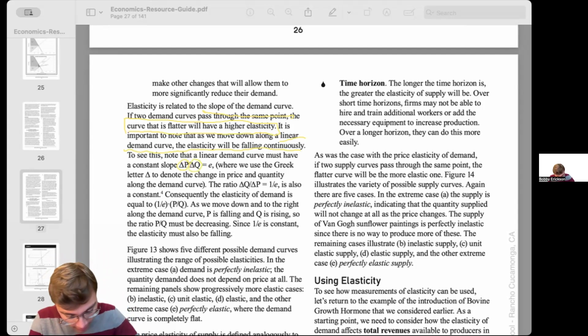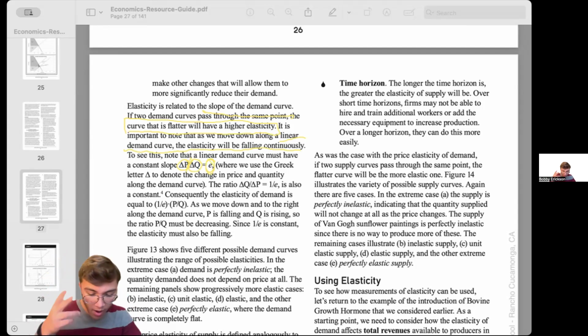This is change in price divided by change in quantity. Let's say it equals this letter E, this random variable that we're assigning it. Now, if we swap this, we have change in quantity divided by change in price. This equals 1 over E, just this constant. It's just a number. We don't know what the number is, but it's a constant.